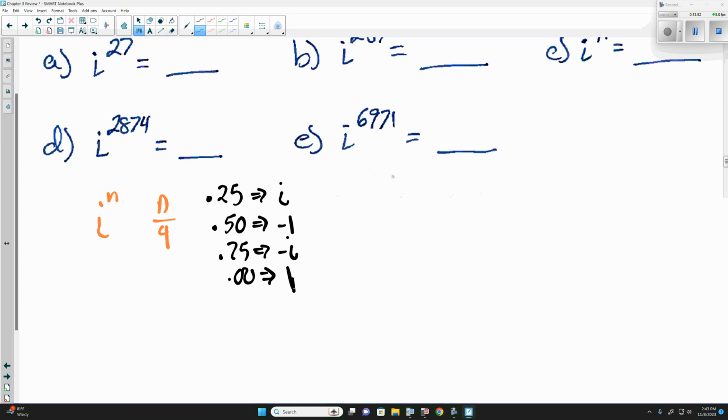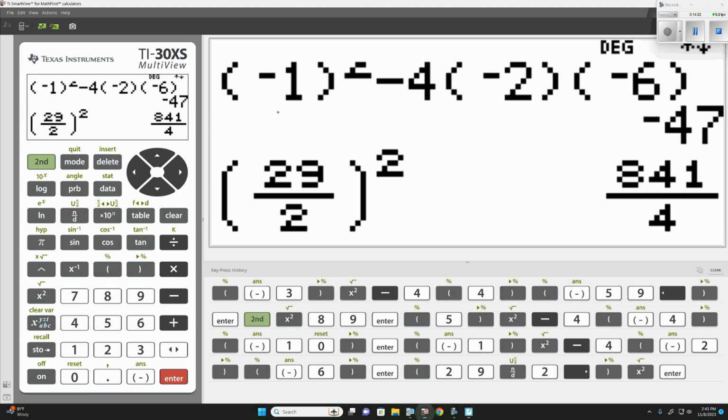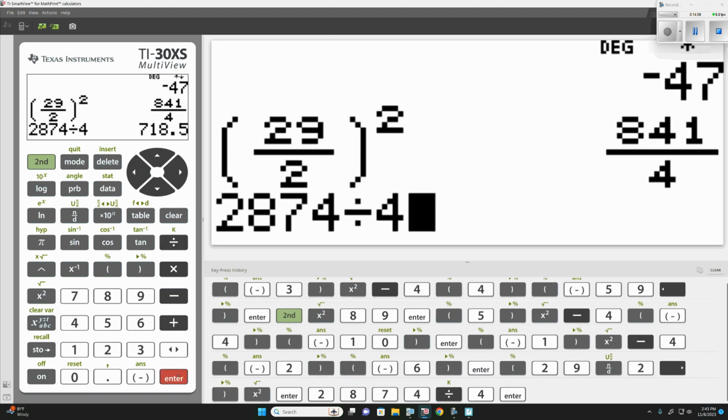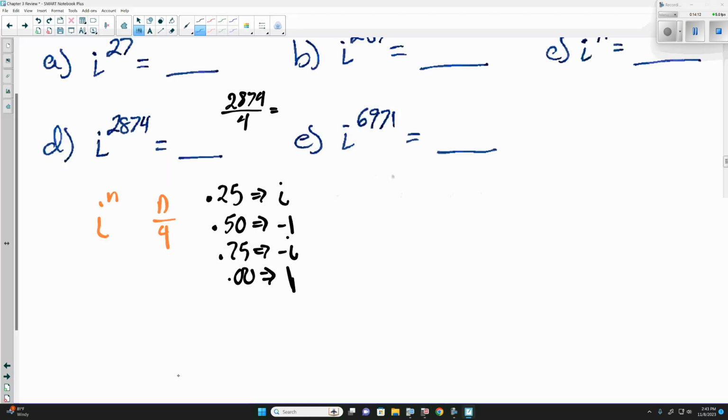And that's it. So 2,874 is right there. We'll take 2,874 and divide it by 4. That is 718.5. We don't care about the 718, just the 0.5, so it is negative 1.